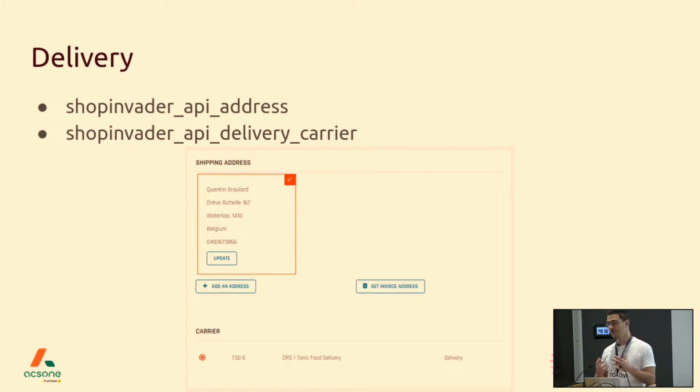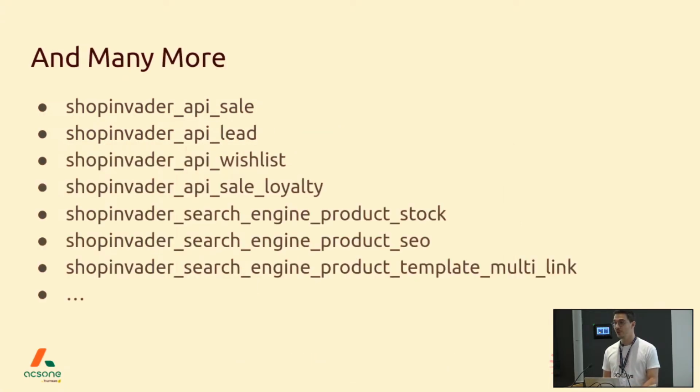Now, once you have played a bit with those modules and you feel comfortable with Shopinvader, of course, we have a lot more to offer. We have many modules with a lot of features. You have modules for computing loyalty programs and coupons, for example.